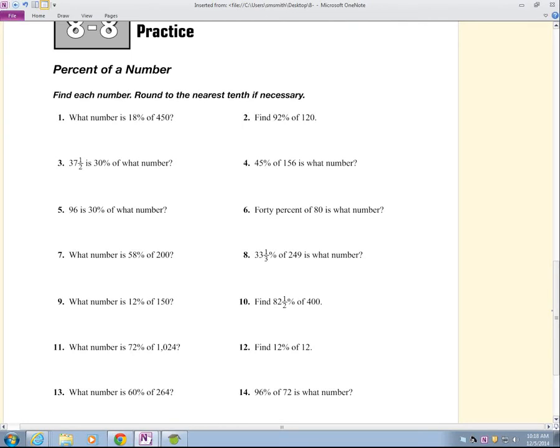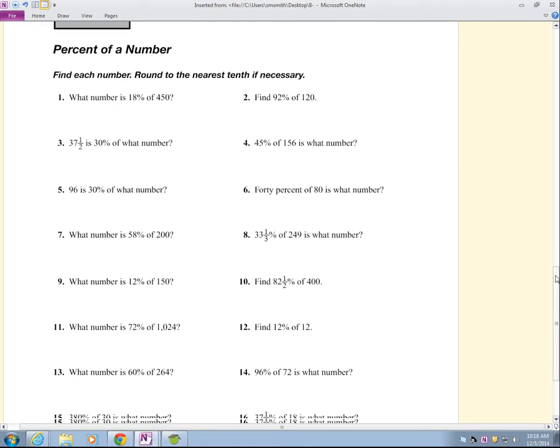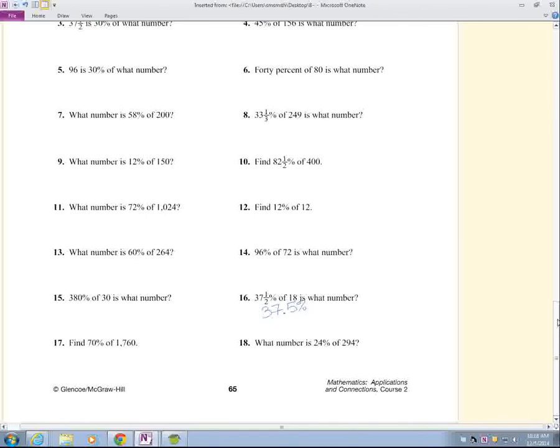Not much, but I want to do one where we have more than 100%. Is there one of those on the homework? There aren't any.